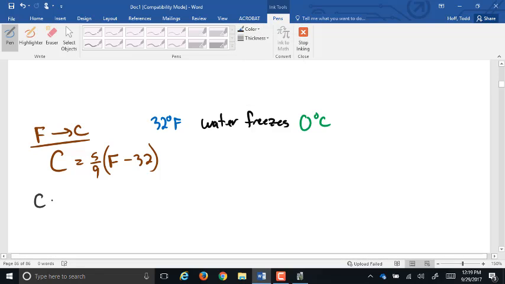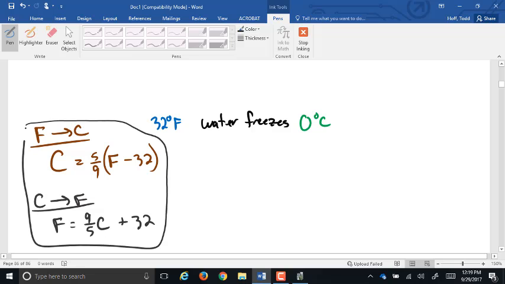If you're going from Celsius into Fahrenheit, you get your Fahrenheit temperature by taking your Celsius temperature times 9/5 and then adding 32. Now, we talked about these formulas a couple of weeks ago with our basic algebra.